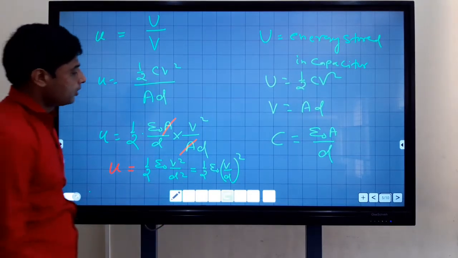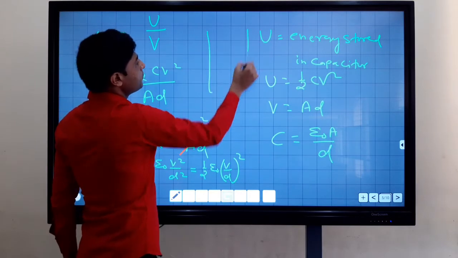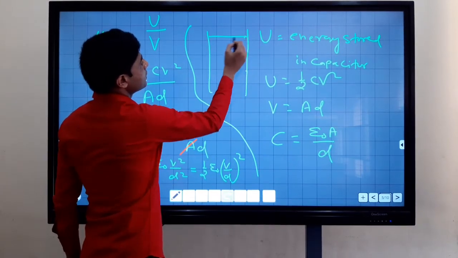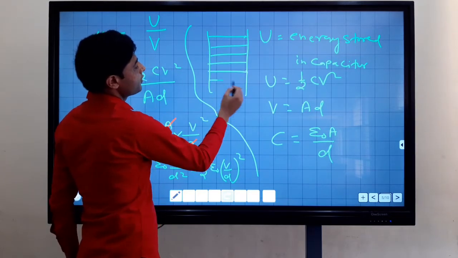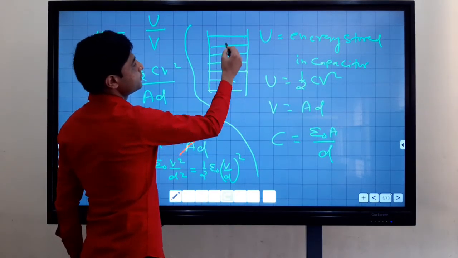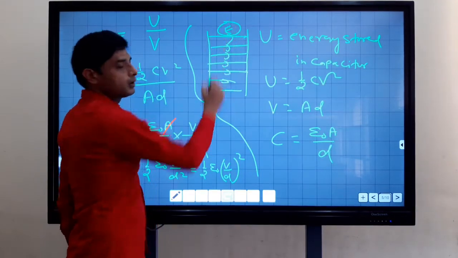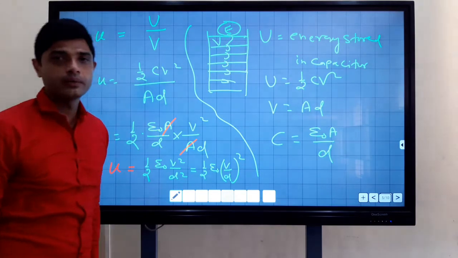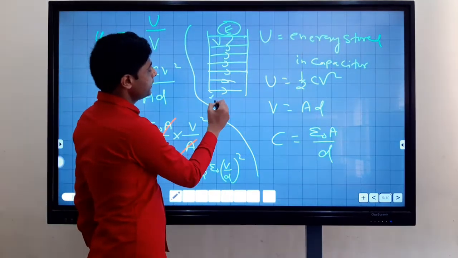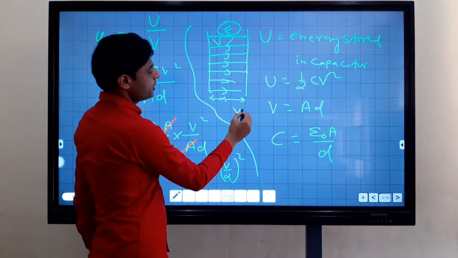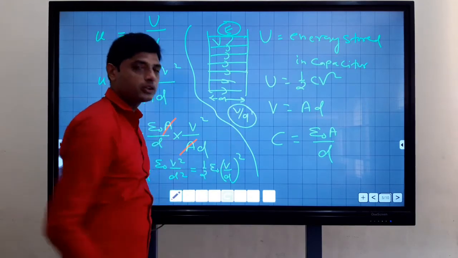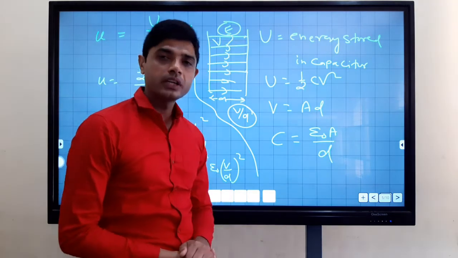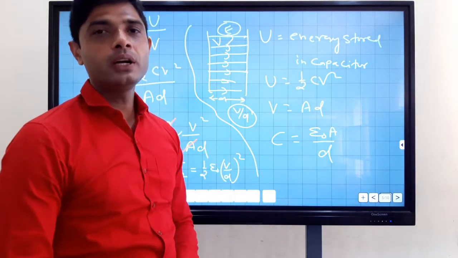Okay. As you know, the electric field intensity between the plates is E and the potential difference is V. If the distance between plates is D, then V upon D is the potential gradient. It means change in potential per unit length.